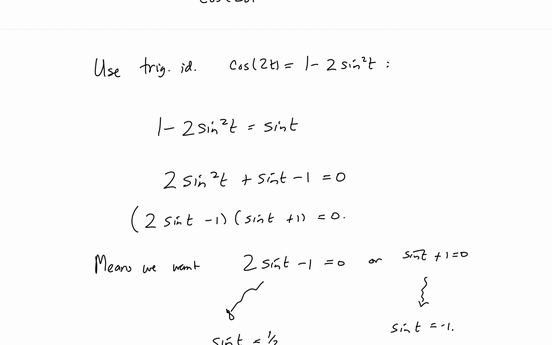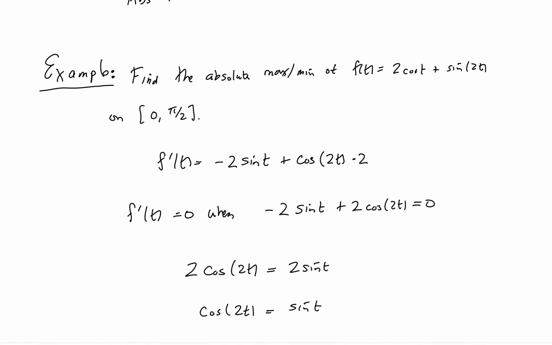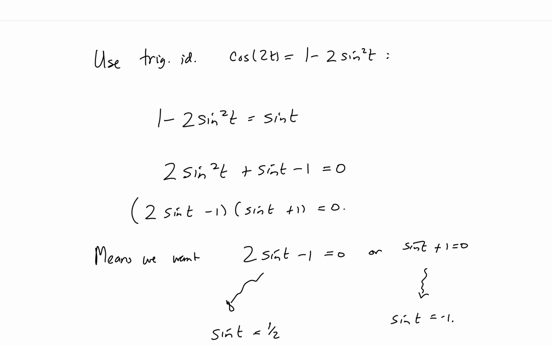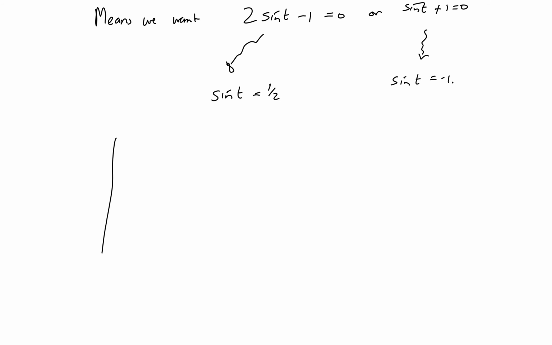However, remember, when we started this problem, we're only looking on the interval from 0 to pi over 2. So if we think about this on the unit circle, that's just this part here. So this one will never happen on the interval we're interested in. So we can ignore that one.